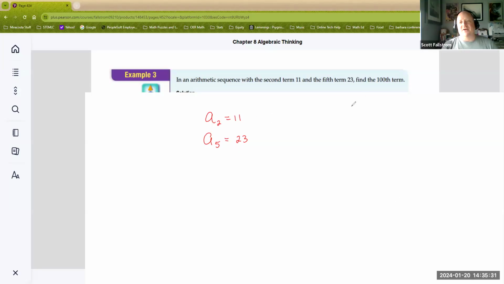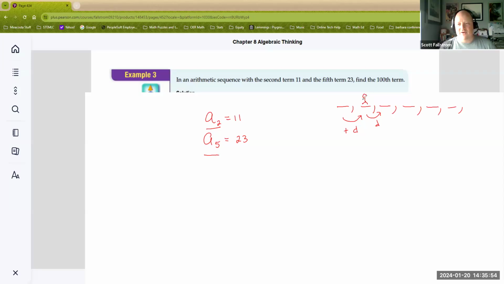Okay, so picture this in a sequence. As you move between terms, we know that we add the common difference. So to get from the first to the second, you add a common difference. To get from the second to the third, you add a common difference. To get from the second to the fifth, I want you to count along with me.